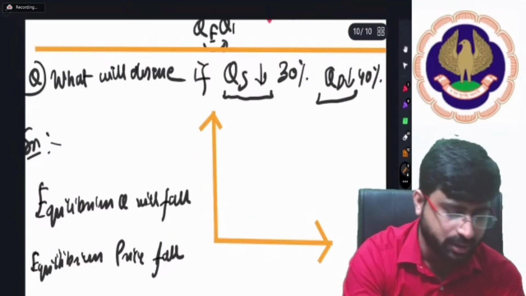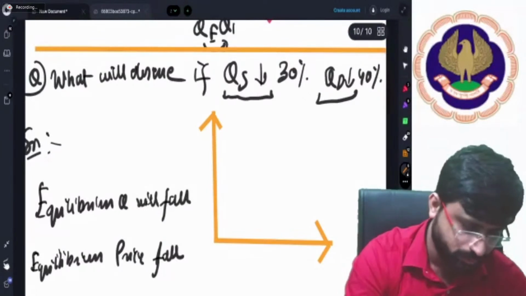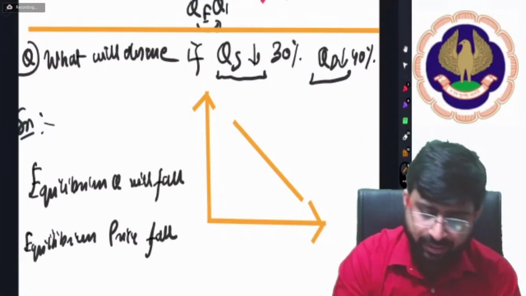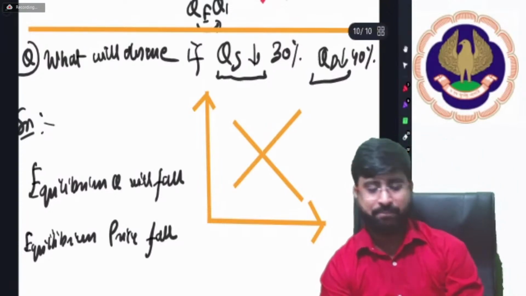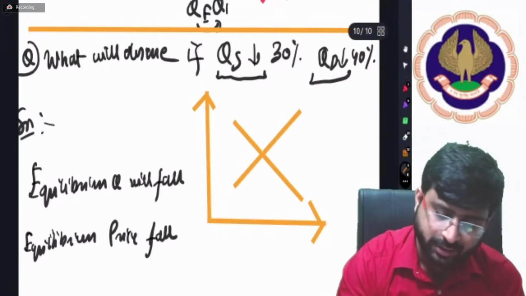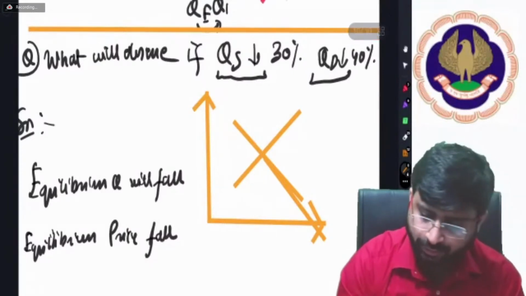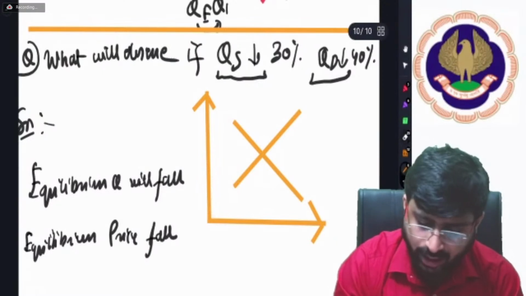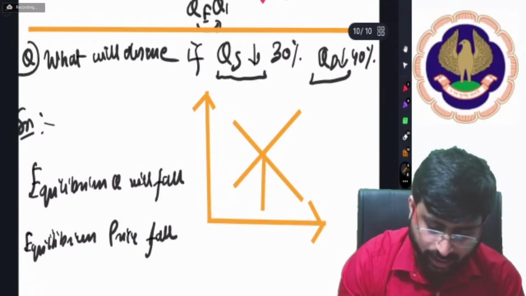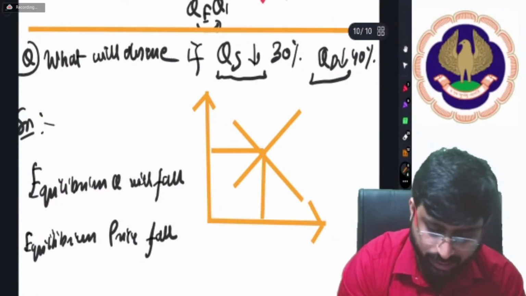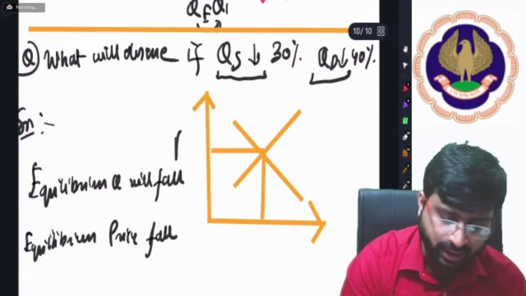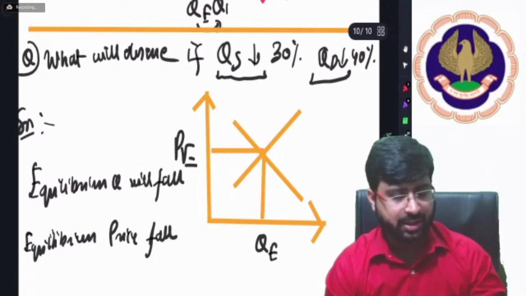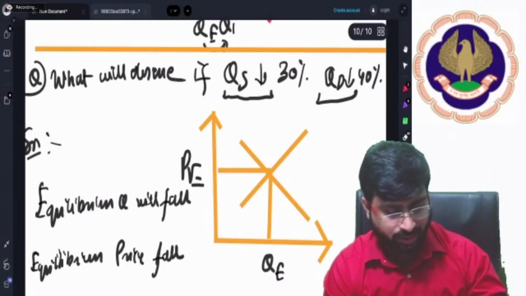And then there is this supply curve. If you see the intersection, they are intersecting here. This is the equilibrium price, and this is the equilibrium quantity.